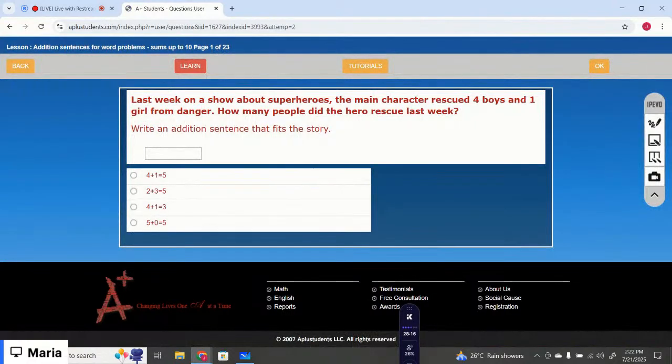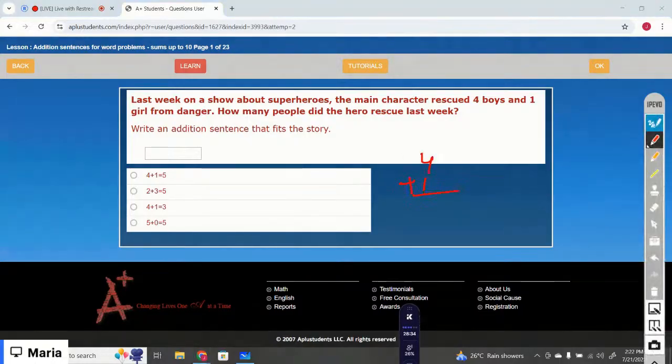Last week on a show about superheroes, the main character rescued 4 boys and 1 girl from danger. How many people did the hero rescue last week? So 4 plus 1, we need to add. We need to write down the addition sentence that fits the story.